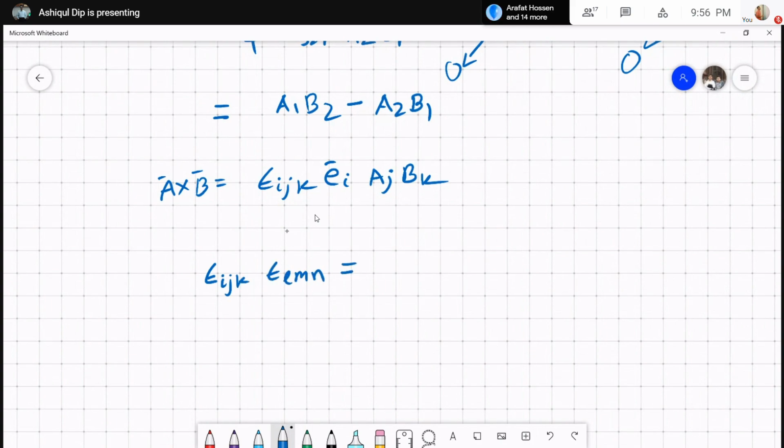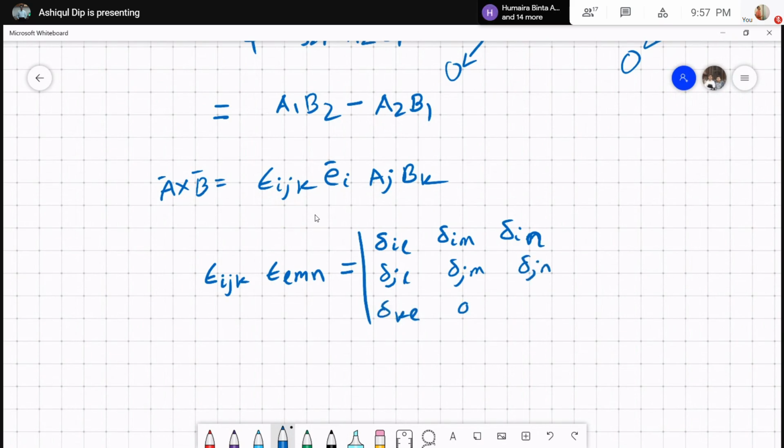If you take that, this is basically a determinant of Kronecker delta il, delta im, delta in, delta jl, delta jm, delta jn, delta kl, delta km, delta kn.